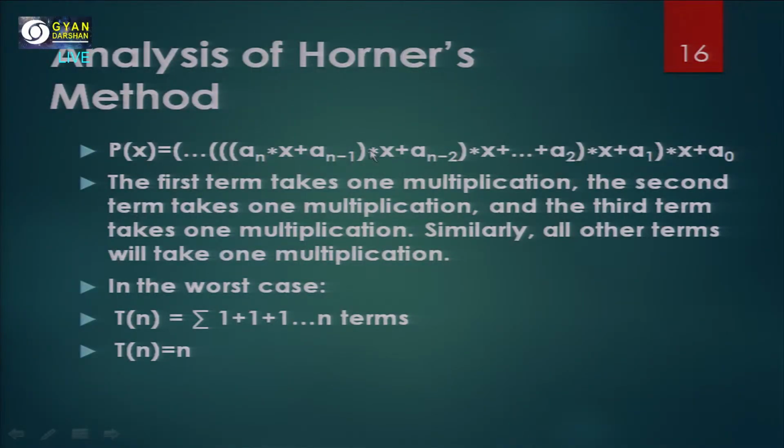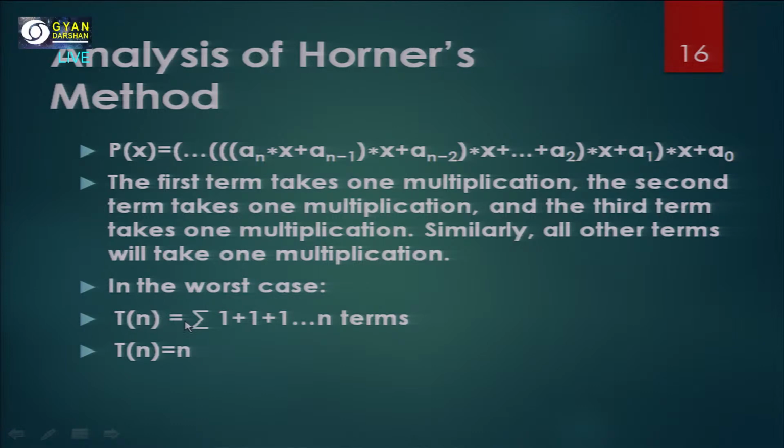Well, if you look into this particular slide now, this is our polynomial evaluation. The first term takes one multiplication, the second one multiplication, the third term also takes one multiplication. All terms will take only one multiplication. So in the worst case, what will happen?